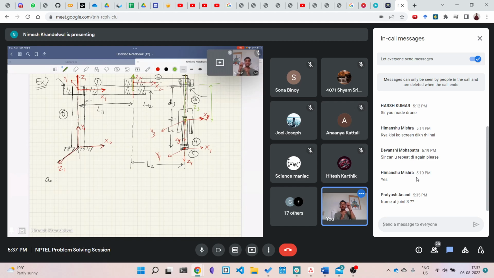It was the distance between the origins of two frames. Since one of my frames is here and the previous one is here, the distance between them automatically gives me the di, and that is the prismatic displacement of this link. Is that fine, Pratyush?